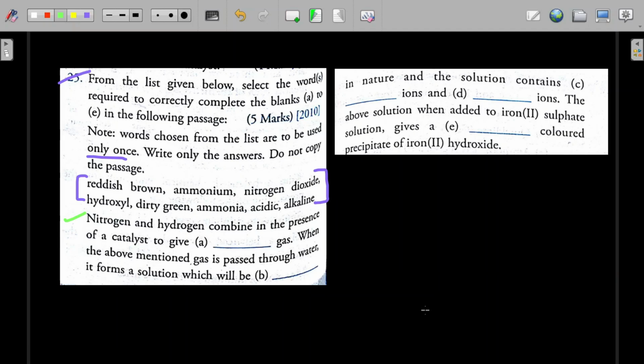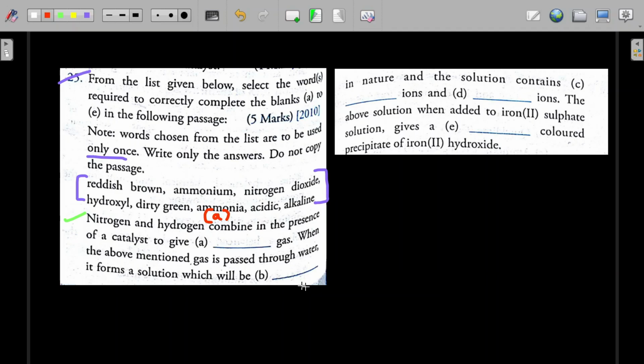When the above mentioned gas passes through water, which gas will it give? Because nitrogen and hydrogen are there, it should give you ammonia. So you have to select from there. So this is A.